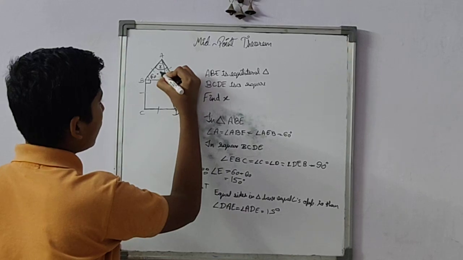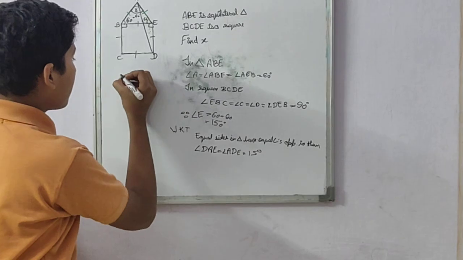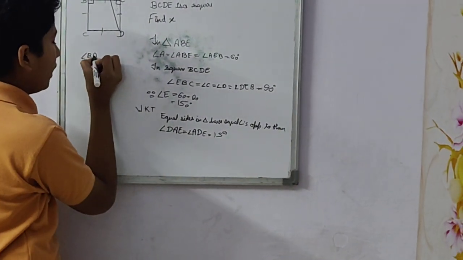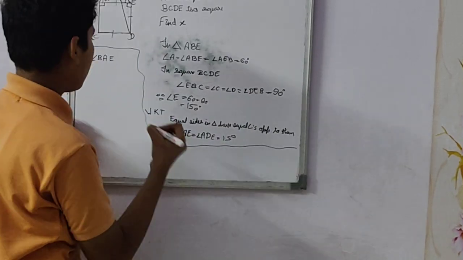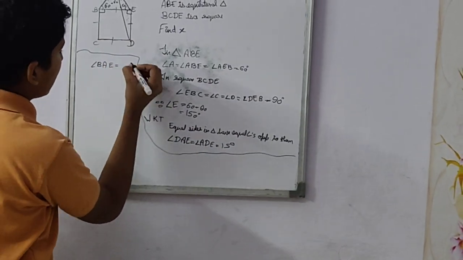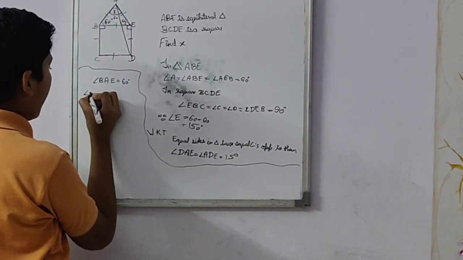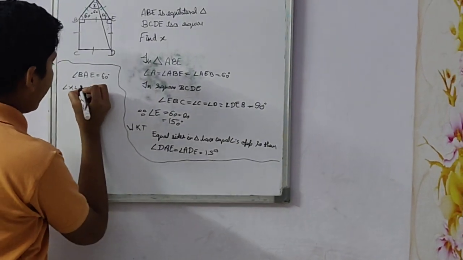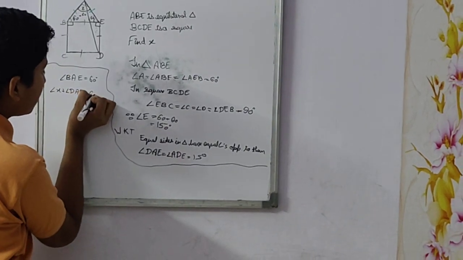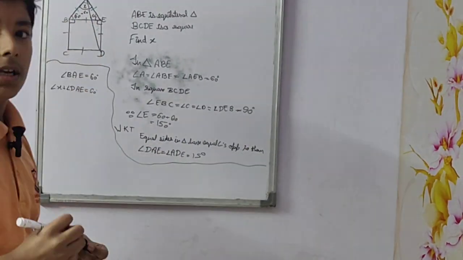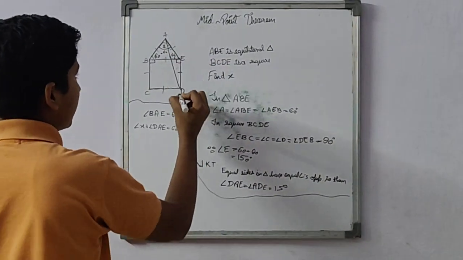We know that this whole angle BAE will also be 60 degree. Angle x plus angle DAE equals 60 degree. How? I have divided this angle into two parts: this angle x and this small angle, which is DAE.